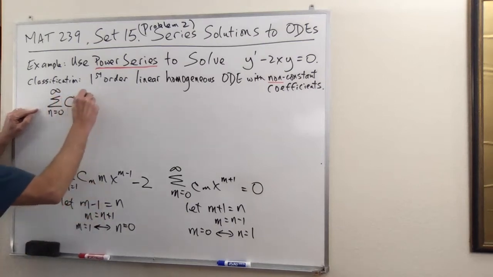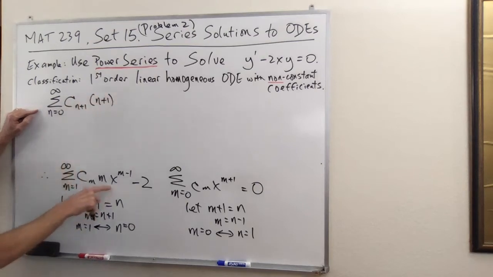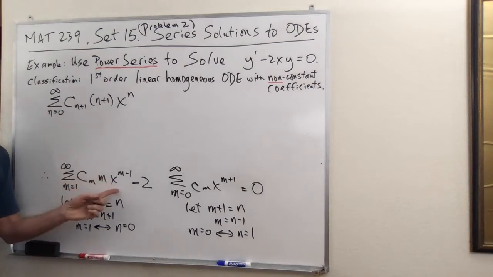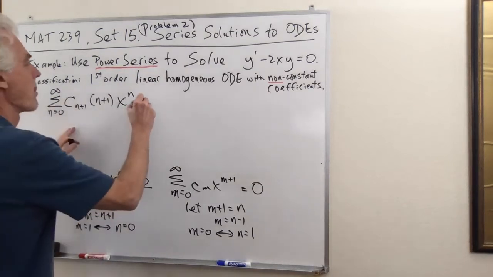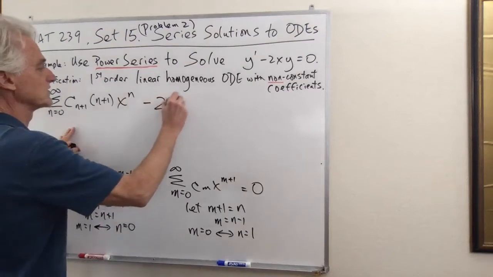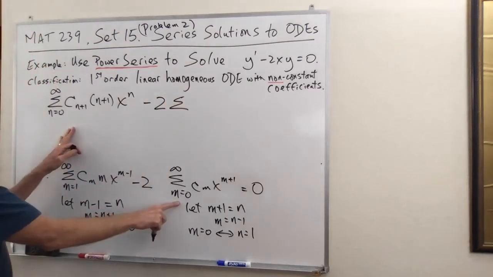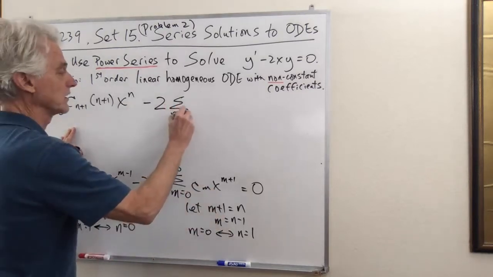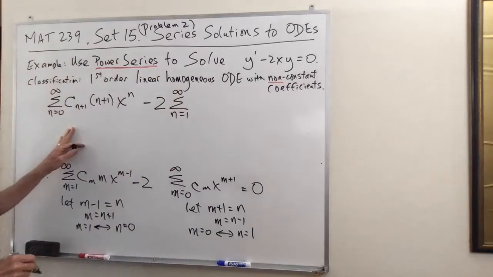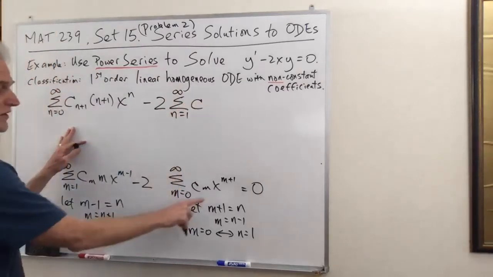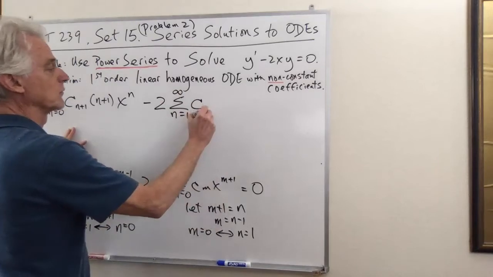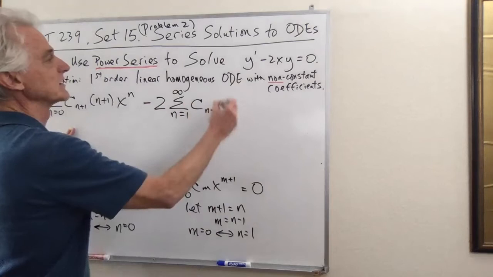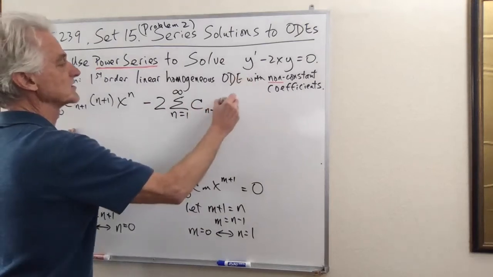And now it's the payoff, it's x to the n, right? And then minus twice the sum, okay, m equals 0 corresponds to n equals 1. And then I have c, so in this case, m is n minus 1. And then again, the payoff is that this is x to the n.